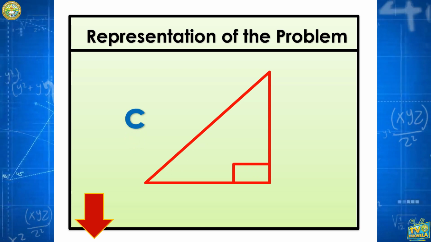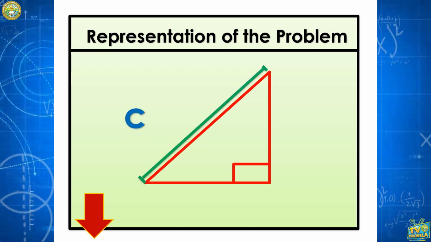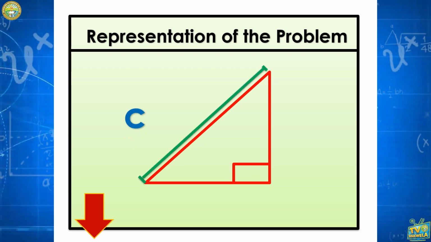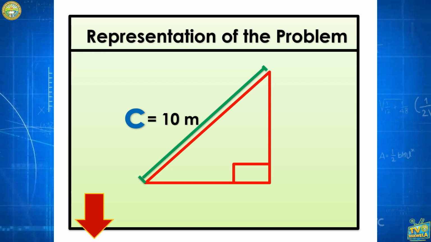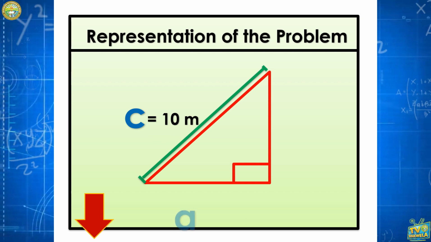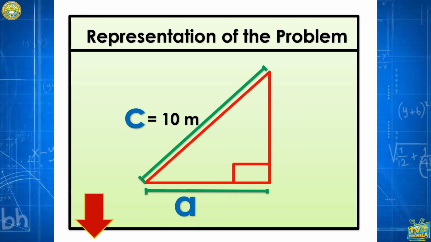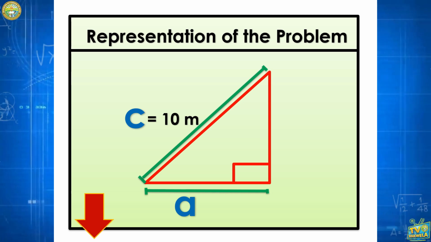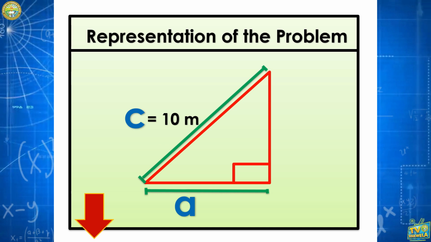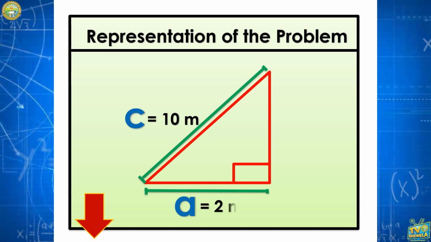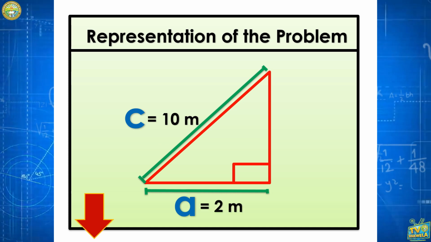In the figure, C is the length of the ladder, 10 meters. A is the distance of the foot of the ladder from the wall of the building, which is 2 meters.